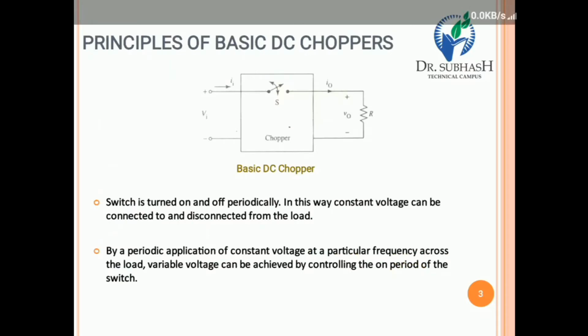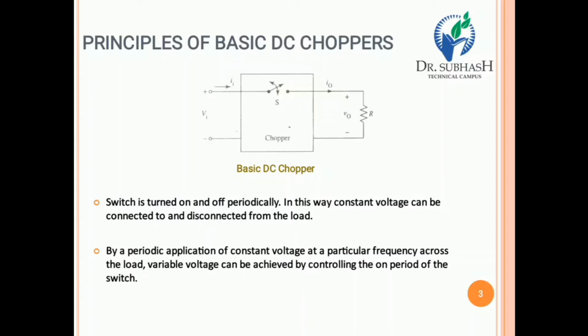Now, dear friends, we can discuss the basic principle of the DC chopper circuit. Here we draw the basic DC chopper circuit, where we utilize one switch. The switch is either in an open condition or a closed condition, turned on and off periodically.